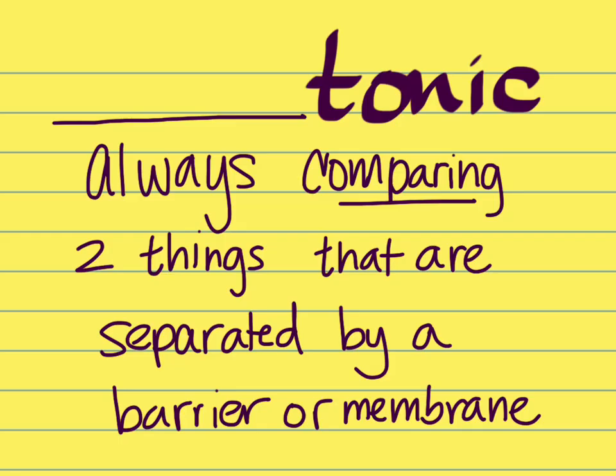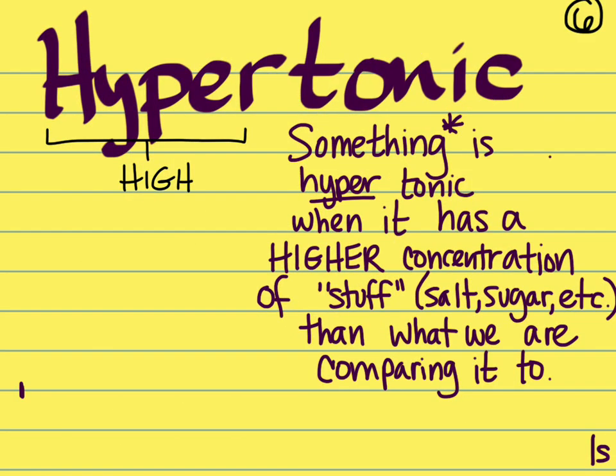Okay, so did you notice that 3 of your vocabulary terms end in tonic? So this might be important to talk about. When we see anything tonic, that means we're comparing 2 things that are separated by a barrier or a membrane. So we're going to start with hypertonic. You know that hyper means high. If you're hyperactive, you're more active than usual.